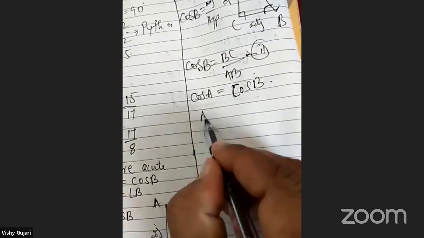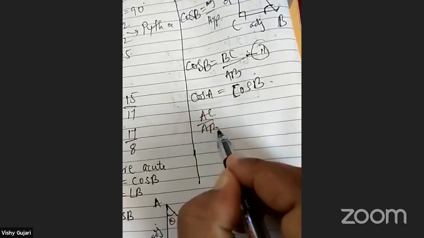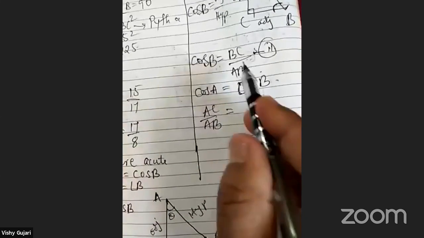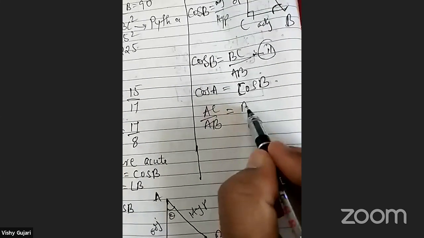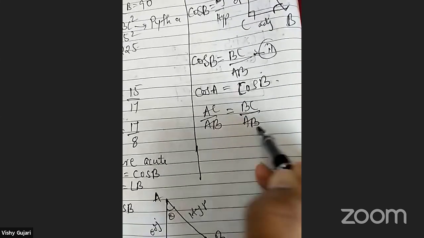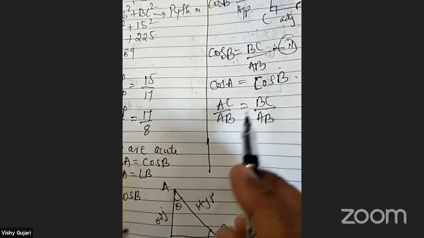Cos A is equal to cos B, it is given. That means cos A, which is AC by AB, is equal to cos B, which is BC by AB. Both are equal, their denominators are equal, which means AC is equal to BC.